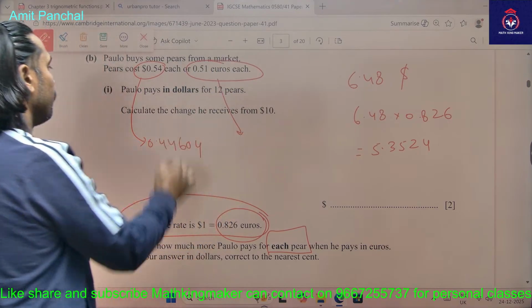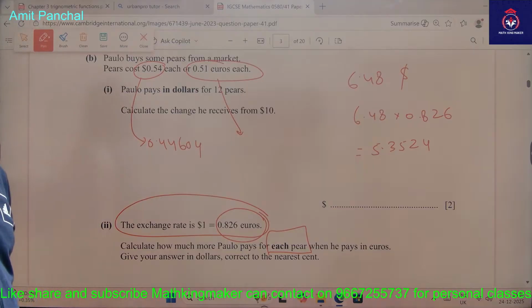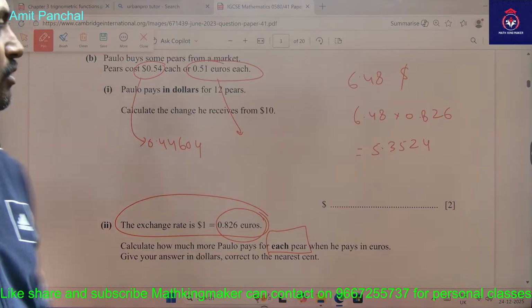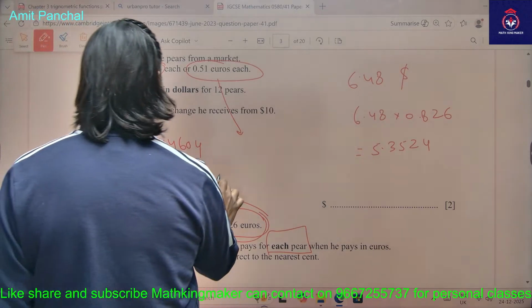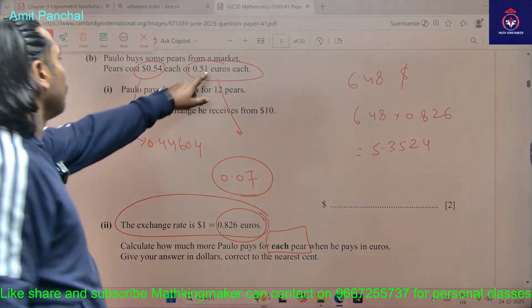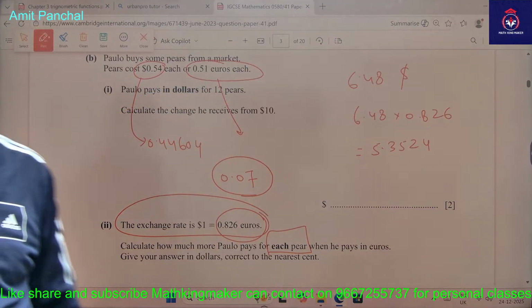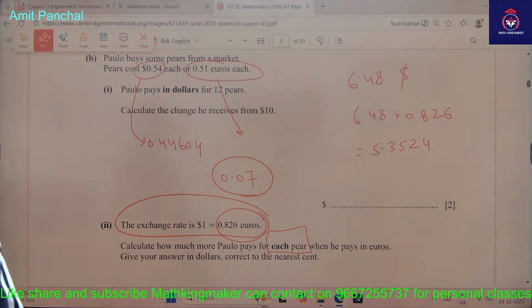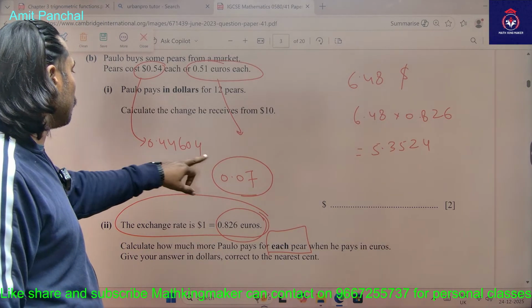So how much is the difference? Actually, he is asking about this. It's like 0.07. So 0.07 euros he needs to pay extra if he is paying in euros. If he is paying in dollars, he has to pay this much in euros.